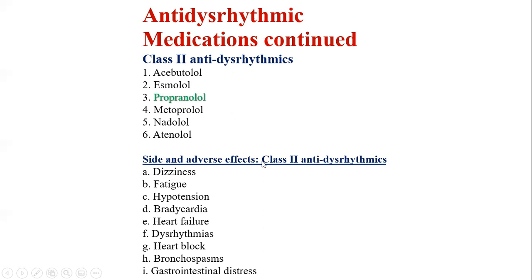Side and adverse effects of class 2 antiarrhythmics: they can cause dizziness, fatigue, hypotension, bradycardia, heart failure, dysrhythmias, heart blocks, bronchospasm, and also gastrointestinal distress.